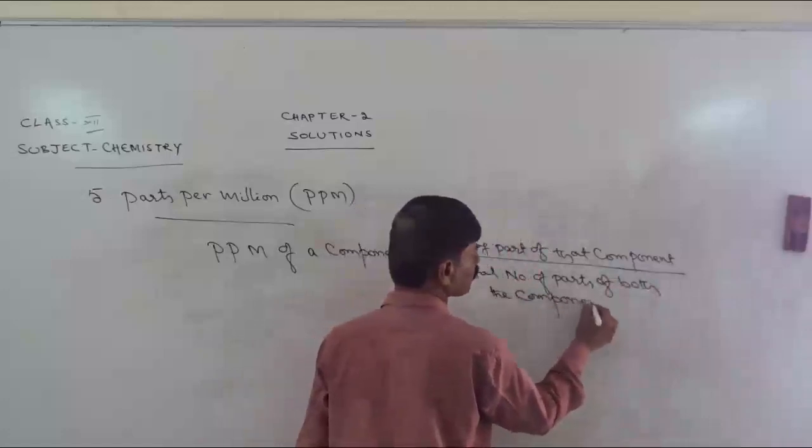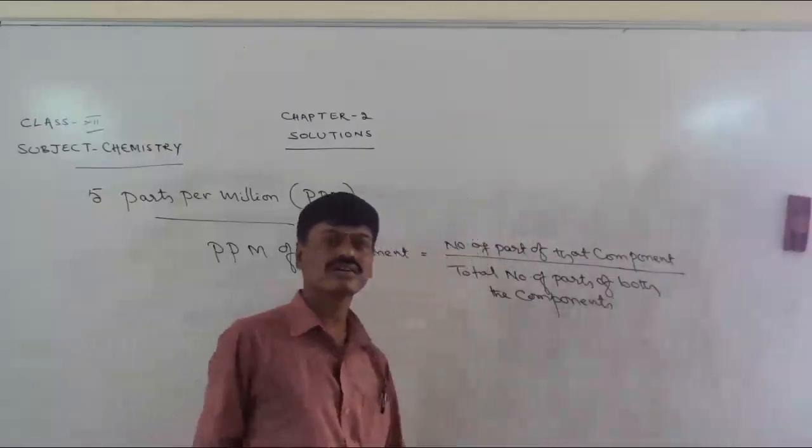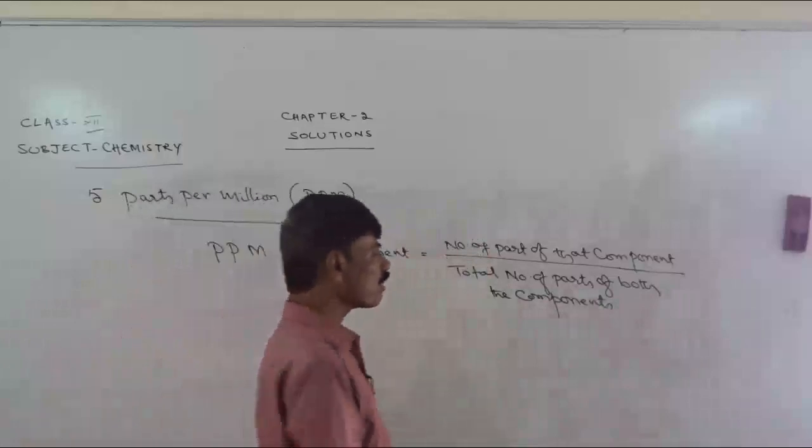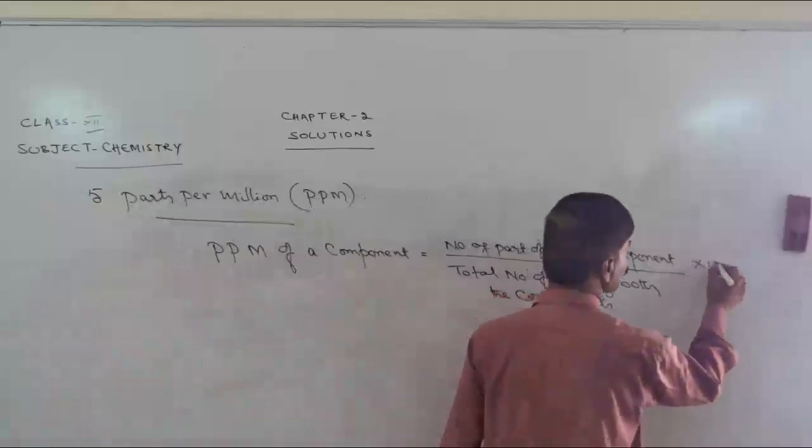Both the components means here solute plus solvent, that is nothing but the solution, multiplied by 10 raised to 6.